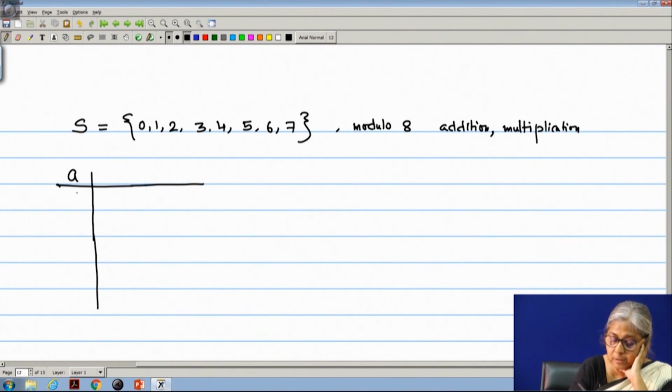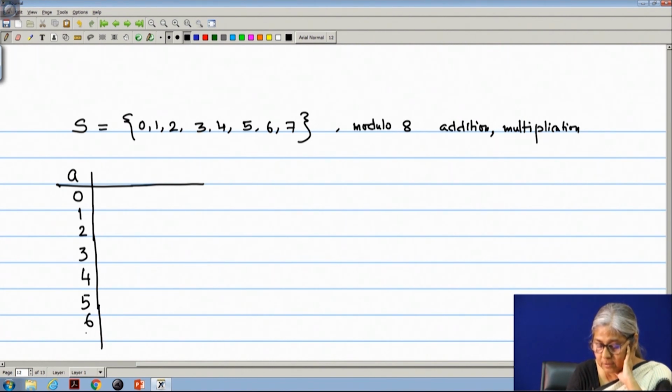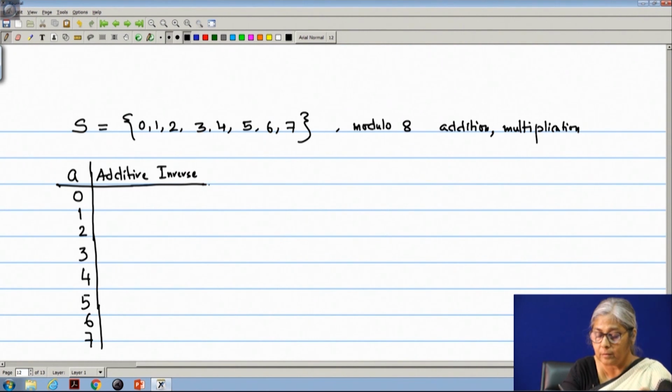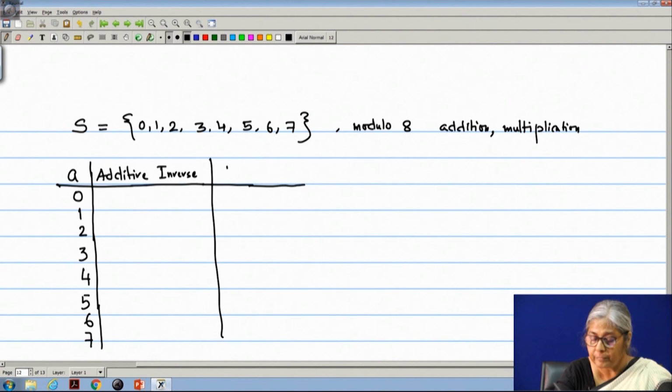So, A can be 0, 1, 2, 3, 4, 5, 6, 7. I take the additive inverse and multiplicative inverse.